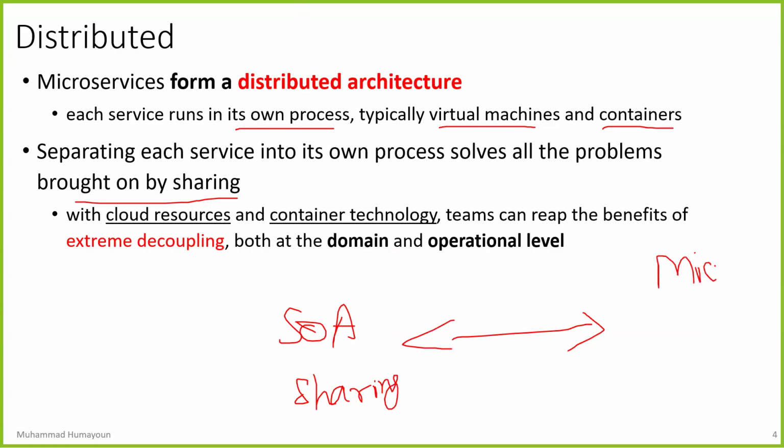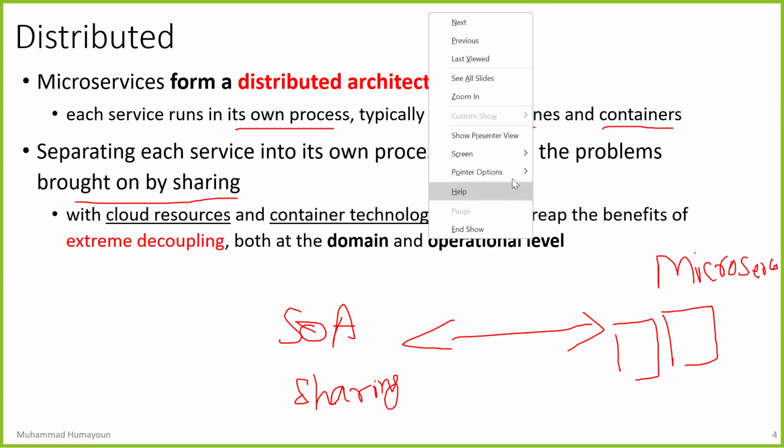Microservices do not share anything. That is what microservices are. So how do we not share anything? By putting those services into isolated containers that are completely independent, isolated from each other. That is the idea.